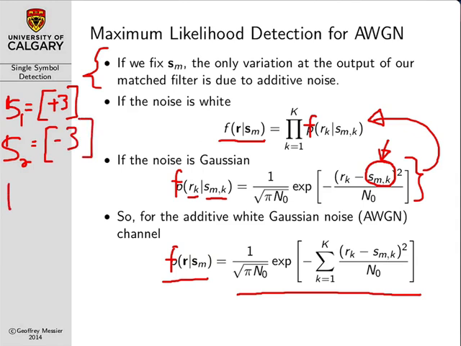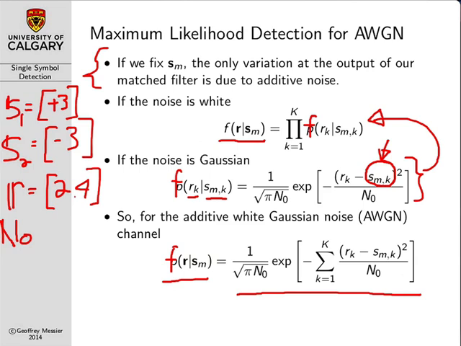Our receive signal vector that we observe at the output of our matched filter is then equal to 2.4. And n naught, let's say, is known, right? Because we do a thermal noise calculation on our receiver, and so we know what level of thermal noise to expect. So how do we perform maximum likelihood detection?